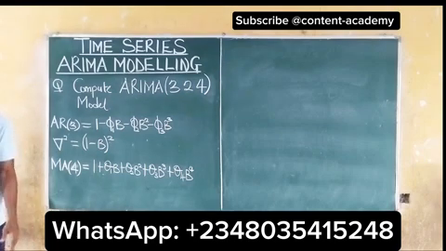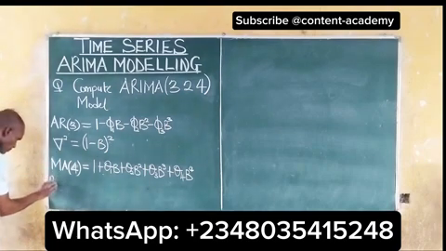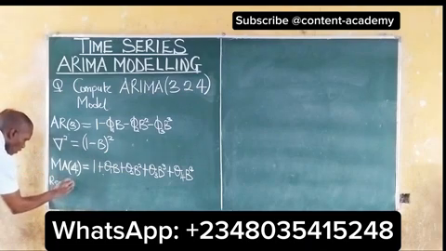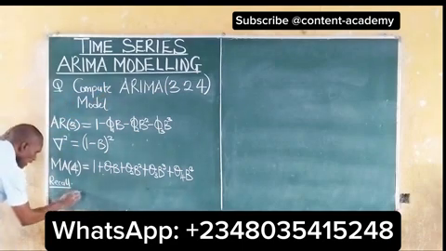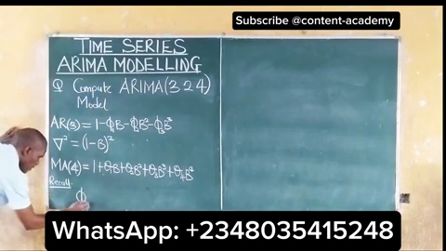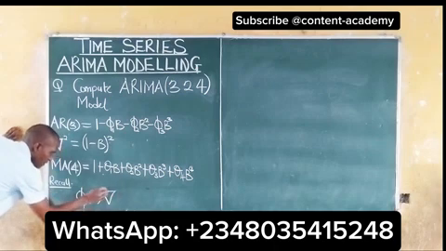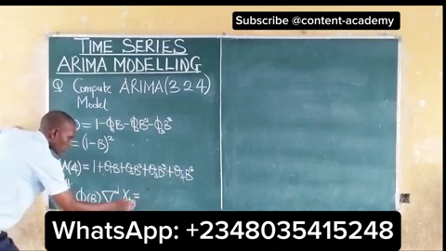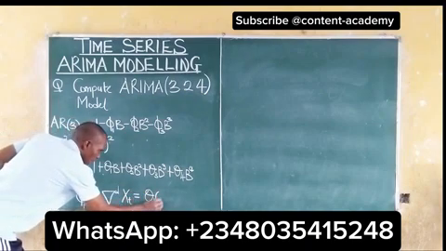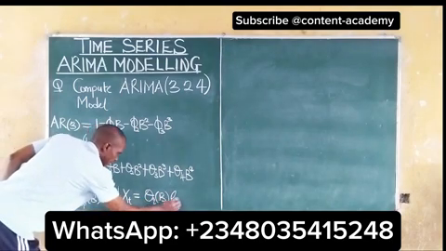Now, the next thing to do, we recall from what we have as our model. Our ARIMA model says that we have phi p B, our differential of order d, Xt, to be equal to theta of order q et.